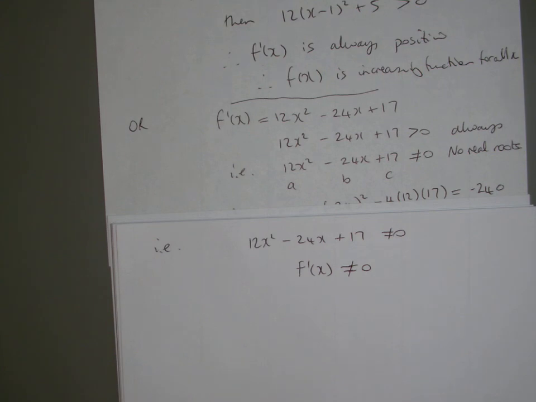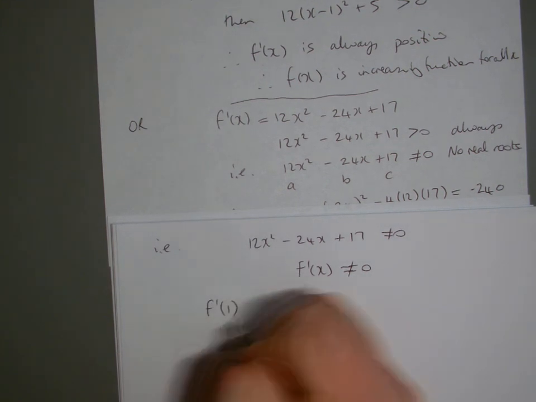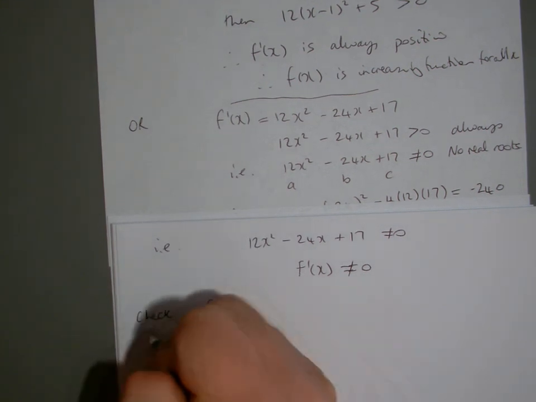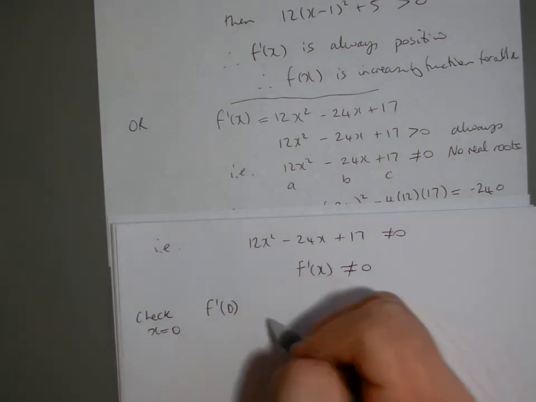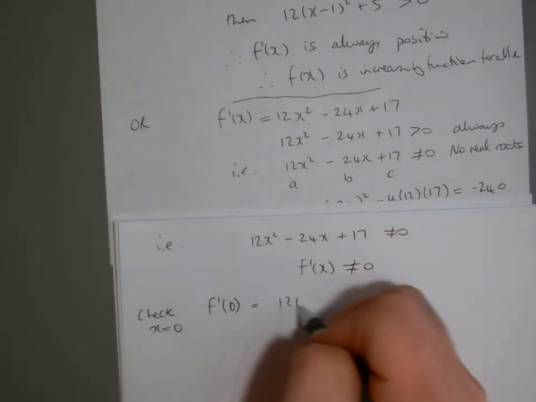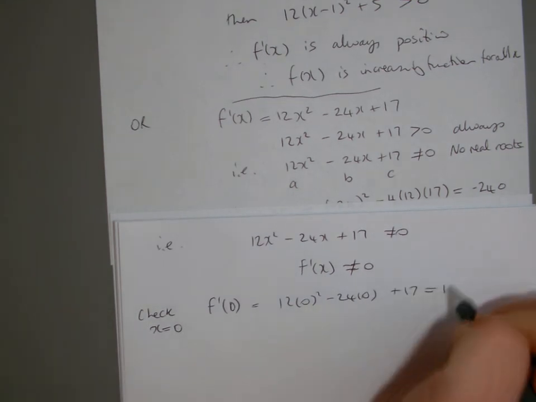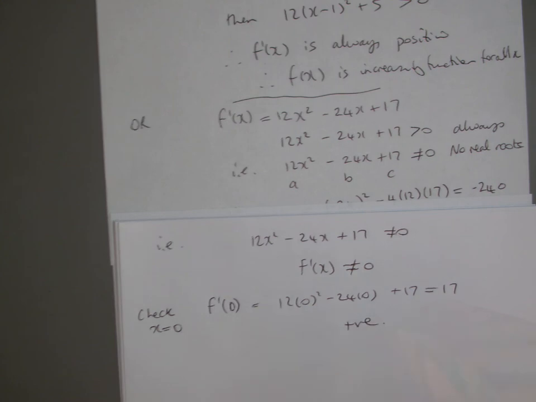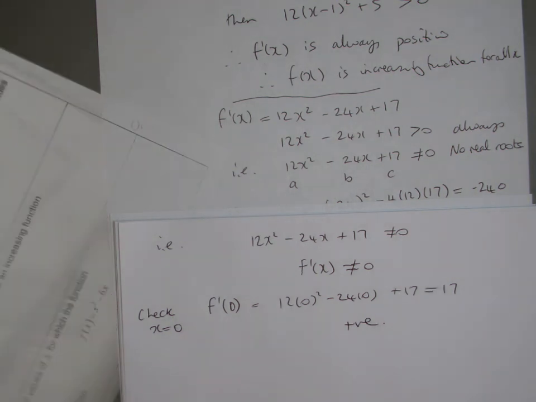If it's negative, it will be decreasing. So you just put in a value. We'll just check with x equals 1, for instance. Or in fact, let's check with x equals 0, because that would be easier, wouldn't it? F dash of 0, I don't need to use my calculator then, equals 17, positive. So if it's positive for one value, it's going to be positive for every value, because there's no way that can equal 0 ever, so it will never cross the x-axis.